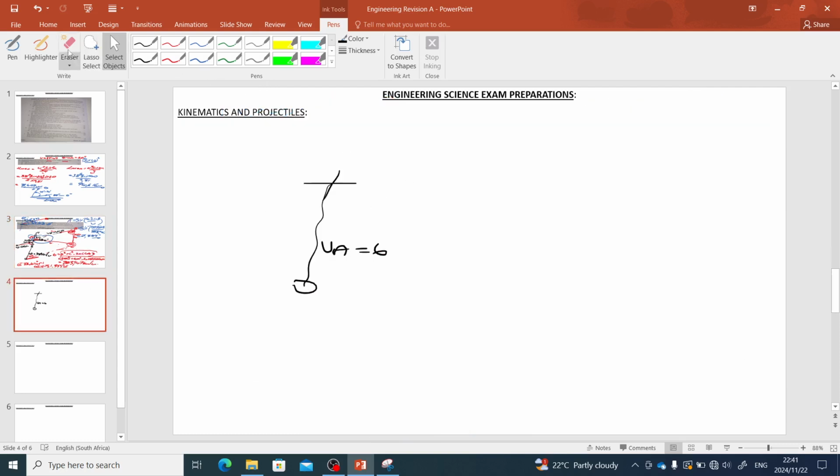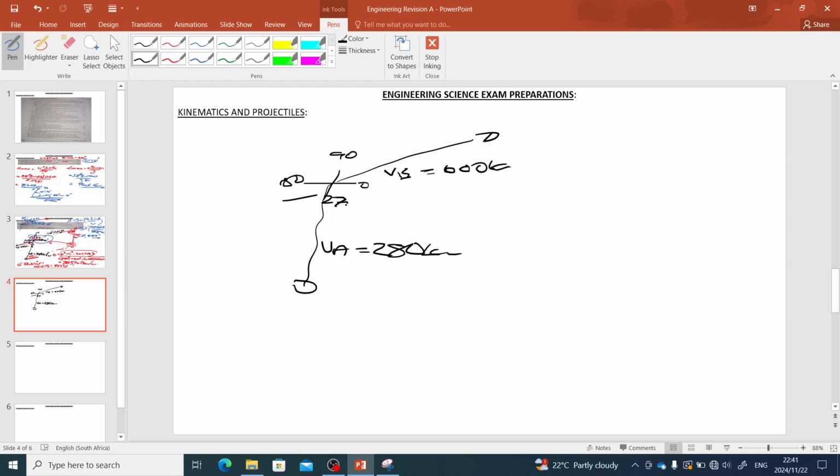It is 280 kilometers per hour. Then the VP was heading, then we stopped and reversed. It is now the opposite direction. VP equals 600 kilometers per hour. This would be your 90, 0, 180, 270, then 360. Revolution is completed.